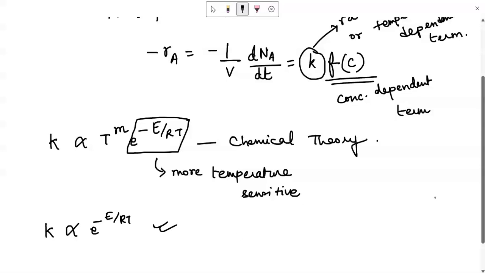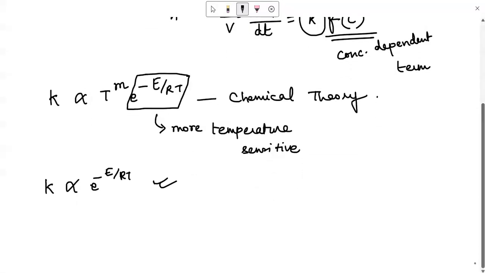So, after finding the concentration dependency of the reaction rate, the next target will be to find the temperature dependency, or how the rate constant varies with temperature. And to quantify that, we use the Arrhenius type relationship. This is what we use.